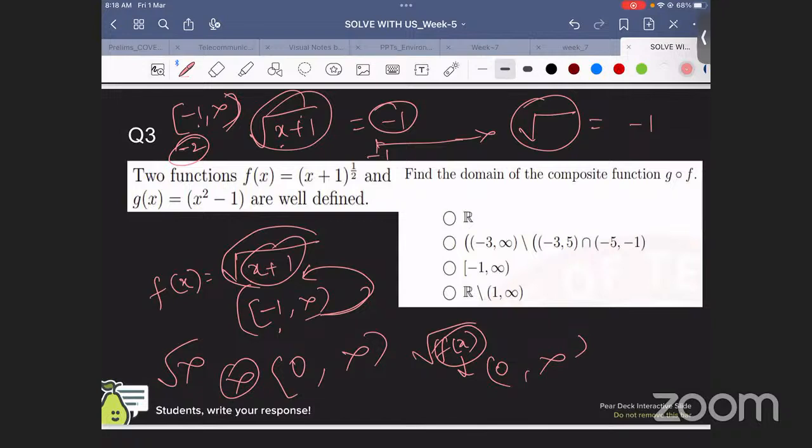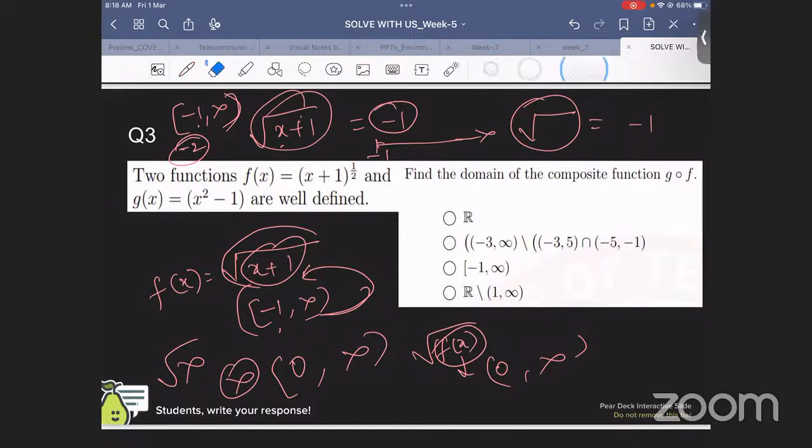Is anyone having any issue in this? Sir, the range of f of x becomes input for g of x, right? Correct. So then what we will do? We know that the range of f of x is 0 to infinity.